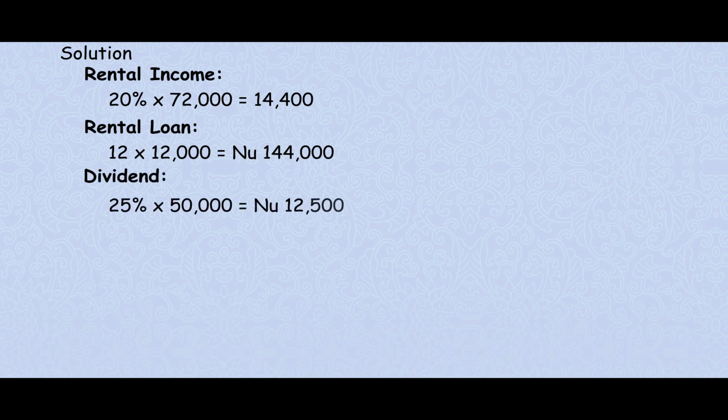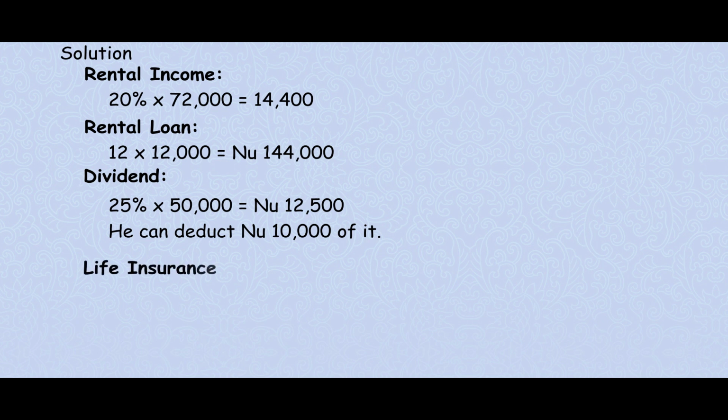You are allowed to deduct 25% of 50,000, which is actually 12,500. But according to the terms and conditions, you are allowed to deduct only Nu 10,000 of it. So from 12,500, you will be allowed to deduct only 10,000.